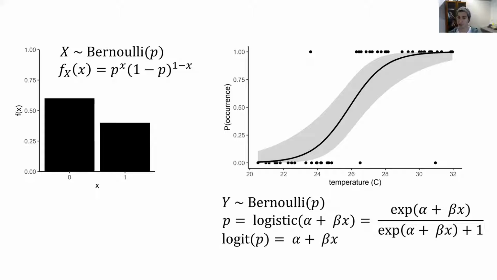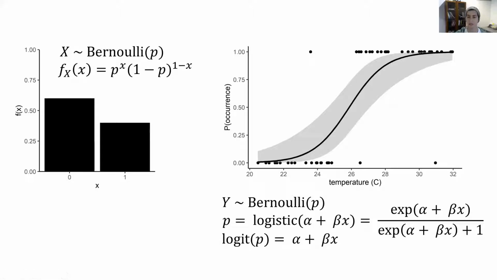If a random variable is distributed according to a Bernoulli distribution with a parameter p, then it equals 1 with probability p and 0 with probability 1 minus p. So in this case, p would be our estimated probability of occurrence. 1 would be the outcome that the species does occur at a given site, and 0 would be the outcome that the species does not occur at a given site.